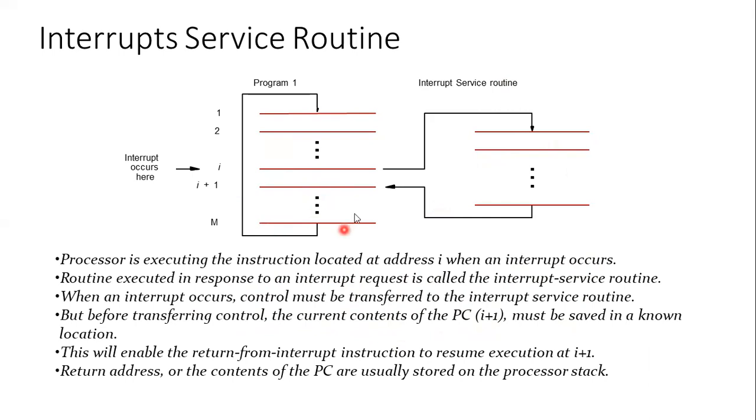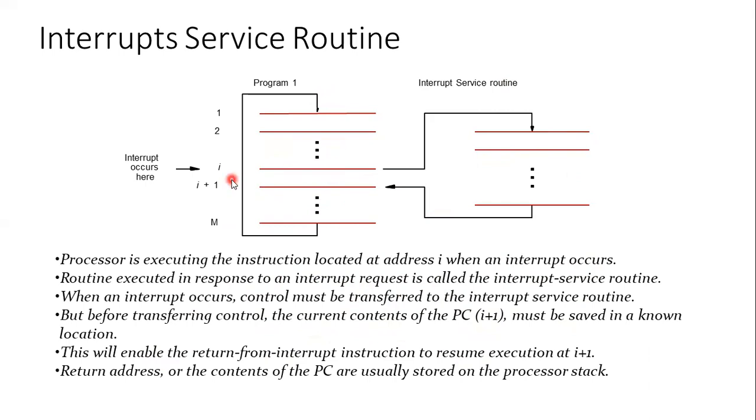Means we are stopping this, and till here the working of this program has been completed. So this particular state must be saved in some known location of the system, and that is being done by the program counter. This will enable the return-from-interrupt instruction to resume. After this we will resume our working again. From what level?